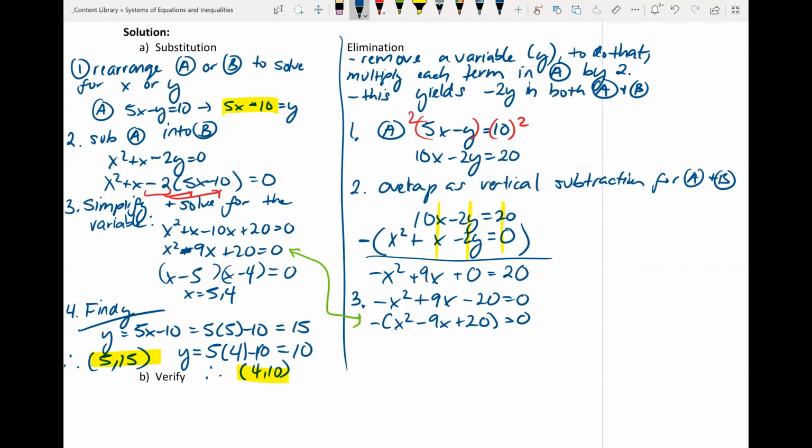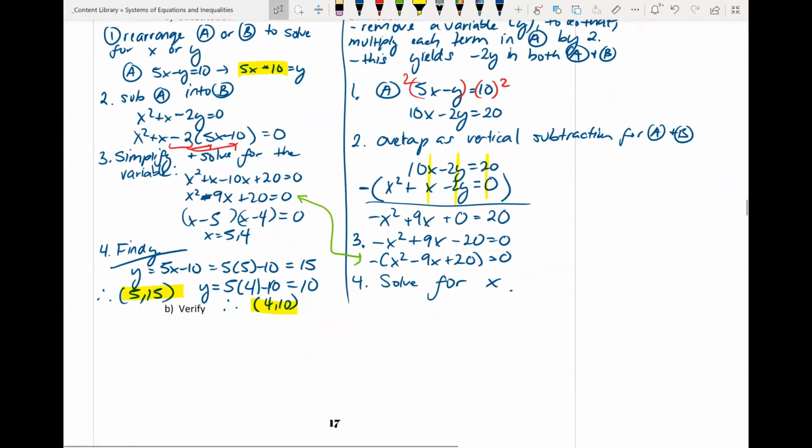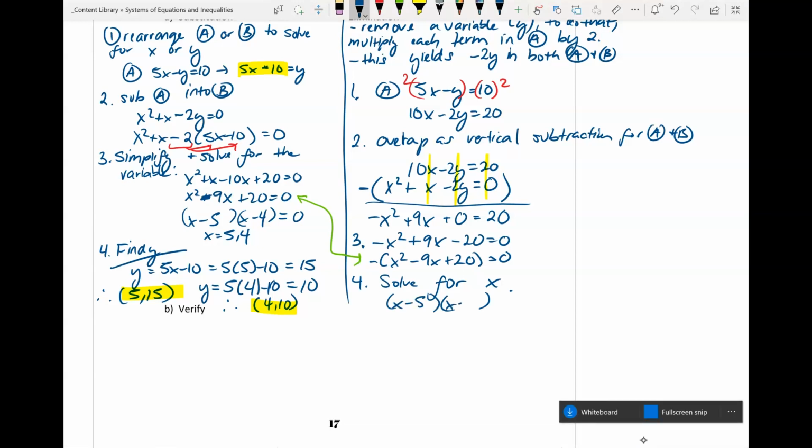And then we want to solve for x. Once we factor this, we're going to get 5x minus 4 is equal to 0, which means that x is equal to 4/5.